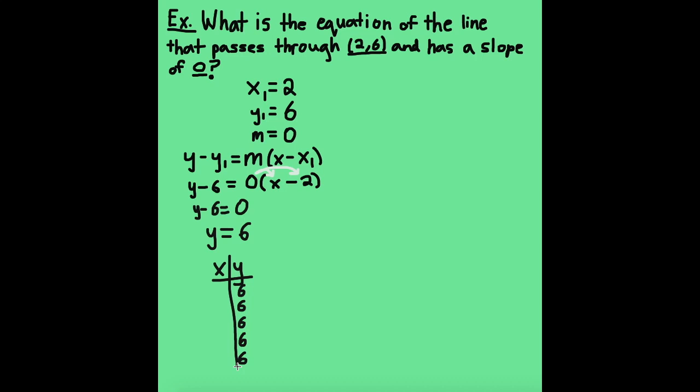So if all the y values are going to be 6, what are all the x values going to be? The x values are all x value numbers. So in the x column, I can put any numbers I want. So I will go with -2, -1, 0, 1, and 2. So let's draw a coordinate plane.